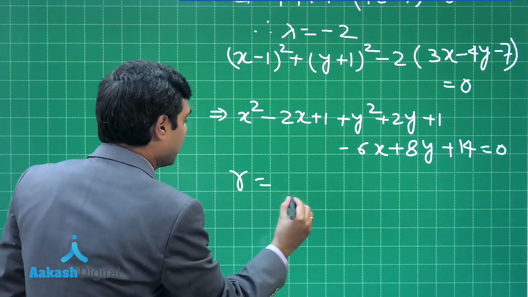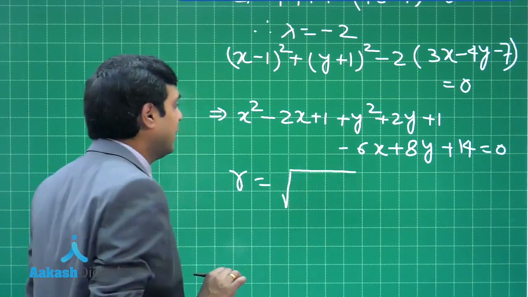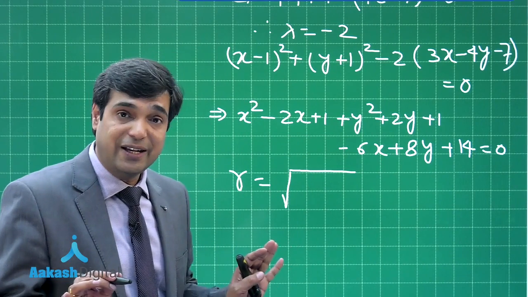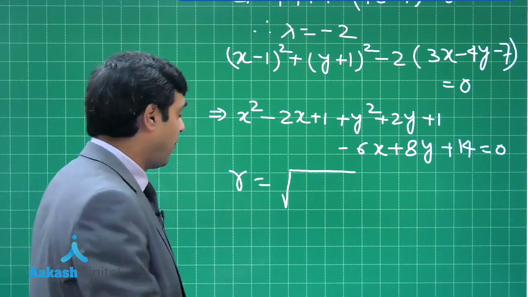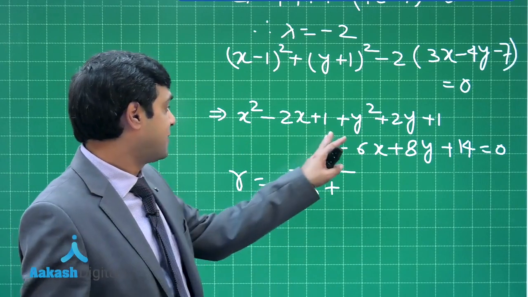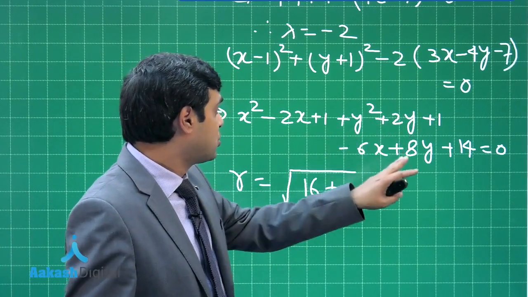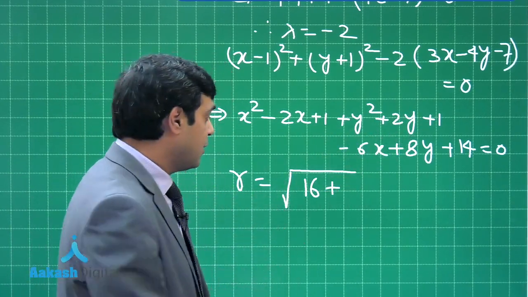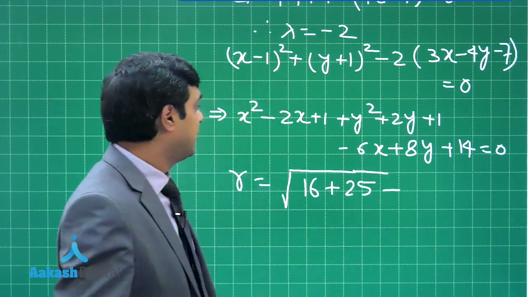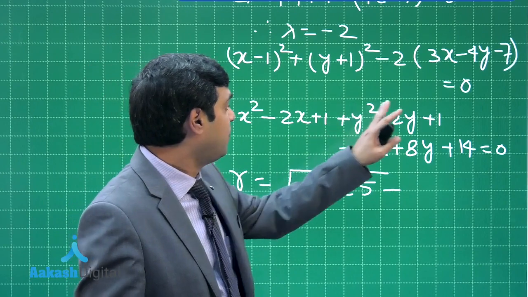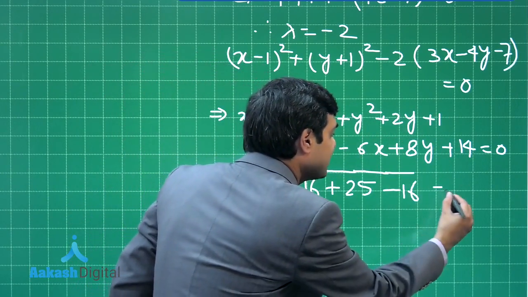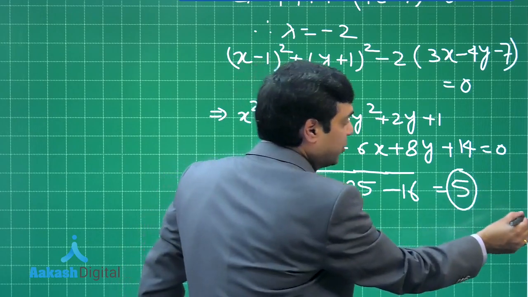So, radius is equal to square root of, let us check, -2x - 6x, that is -8x, divided by 2, so -4, here we can write 16, plus next coefficient of y, it is 2 + 8, that is 10, so here we have 25, minus next constant term 1 + 1 + 14, that is 16. So, the radius comes out to be 5 units.